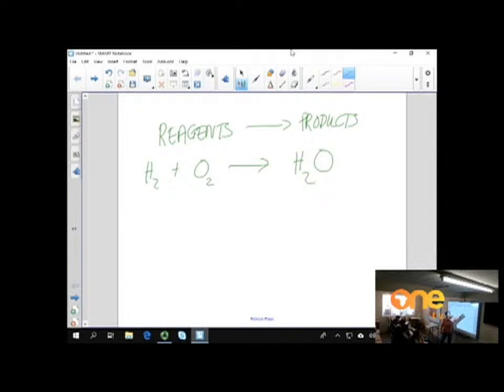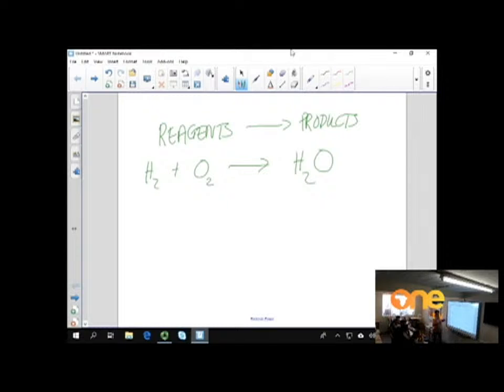We know hydrogen's got one bonding place, oxygen's got two, so we need 2 hydrogens and 1 oxygen. Now, the next step would be to balance the equation, because if you look at it like this, then we will have 2 oxygens, but we've only got 1 oxygen, and you can't have 1 oxygen floating around. It doesn't work that way.